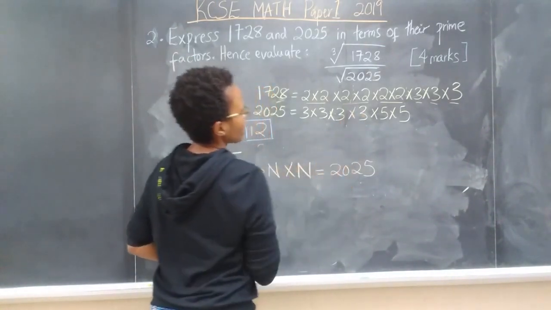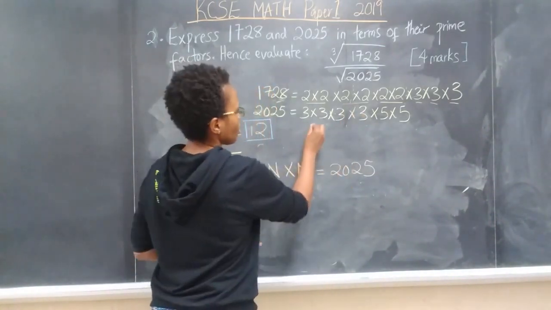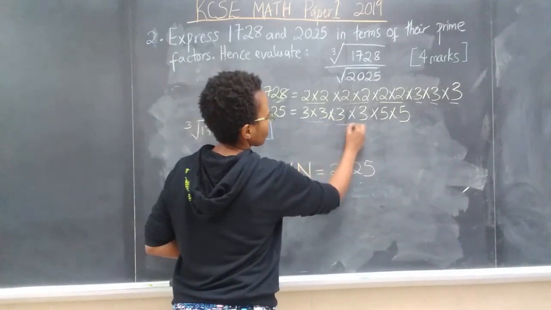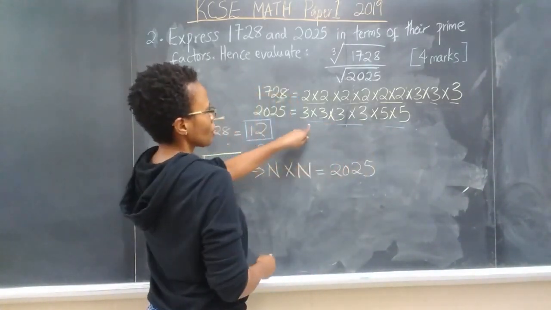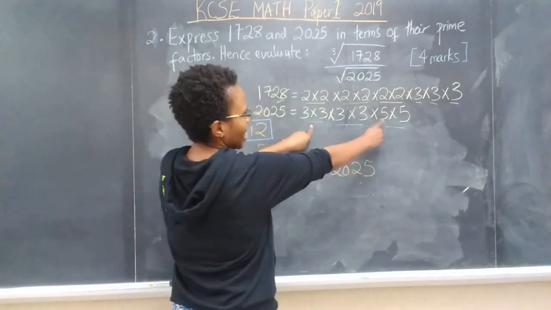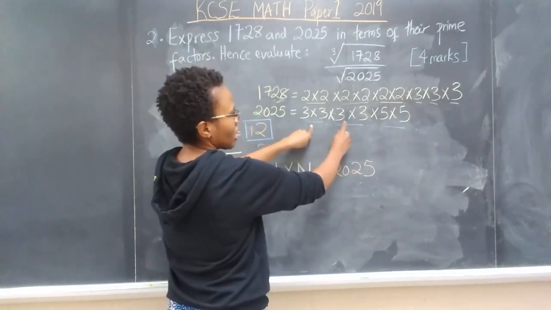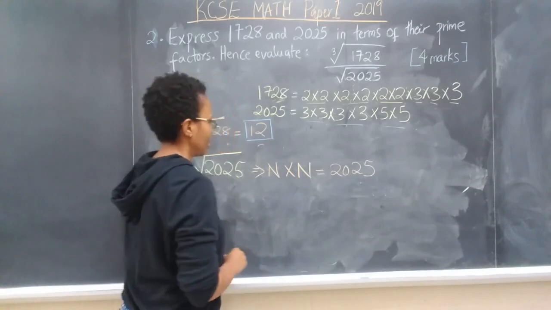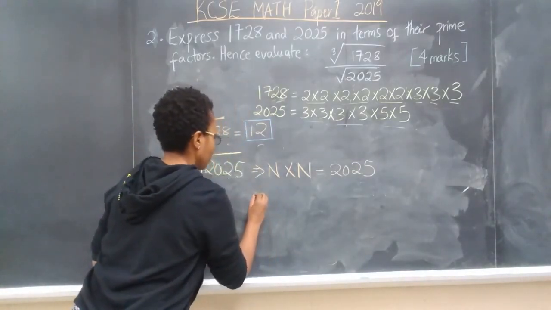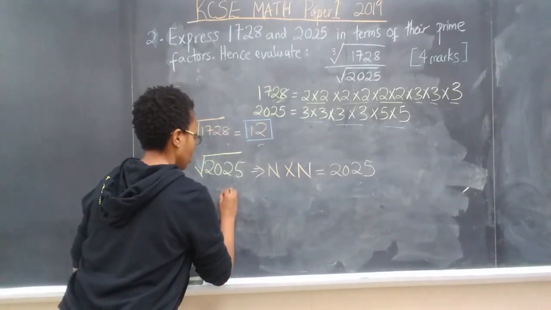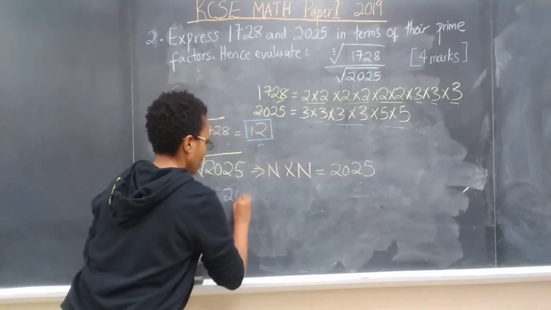If you look at these numbers, you see we have 2 pairs of 3 and 1 pair of 5. So for the first pair of 3, we can add 1 5, and for the second pair, we can add the last 5. So we can rewrite that here, such that now we have our 2025.